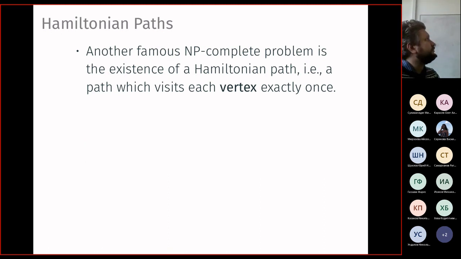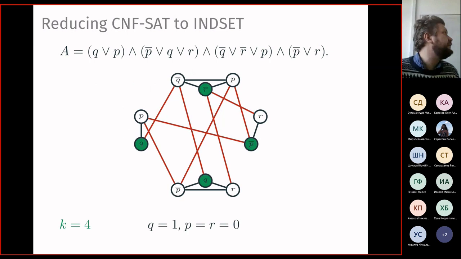Yeah, let's return to here. So what we have proved here is that we have reduced CNF set to int set. Therefore, int set is NP-complete, right? Because you have a known problem, by transitivity, by Cook-Levin, any NP problem is reducible to CNF set, and CNF set is reducible to int set for graphs.